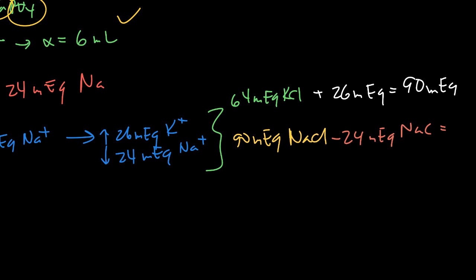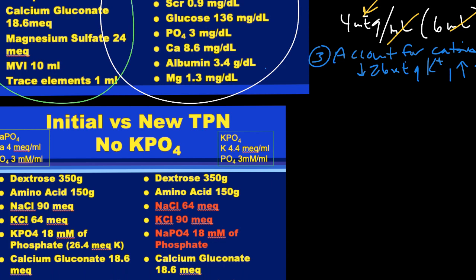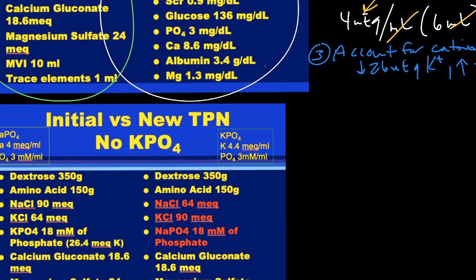66. All right, that's 66. So now, let's see. The new order makes sense. She meant to correct this in class because she messed it up. So your sodium chloride is 66, checks out.